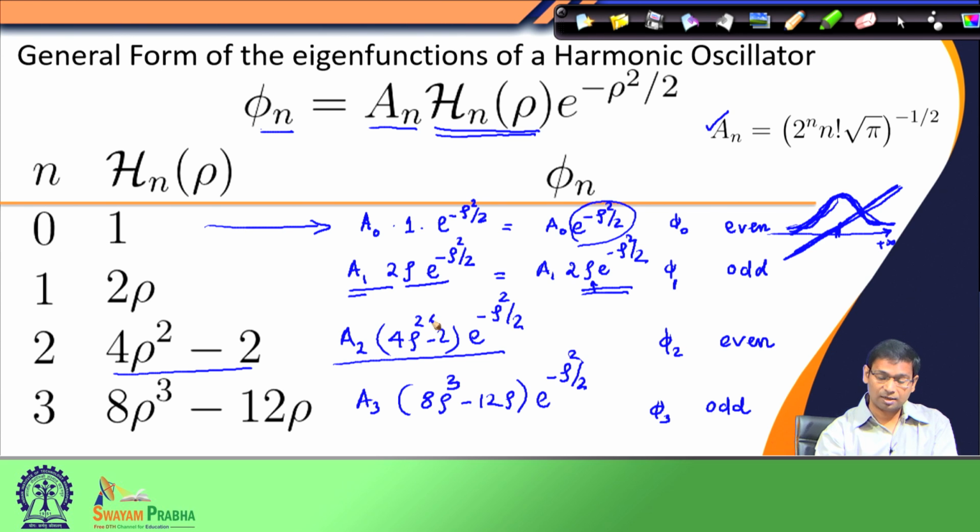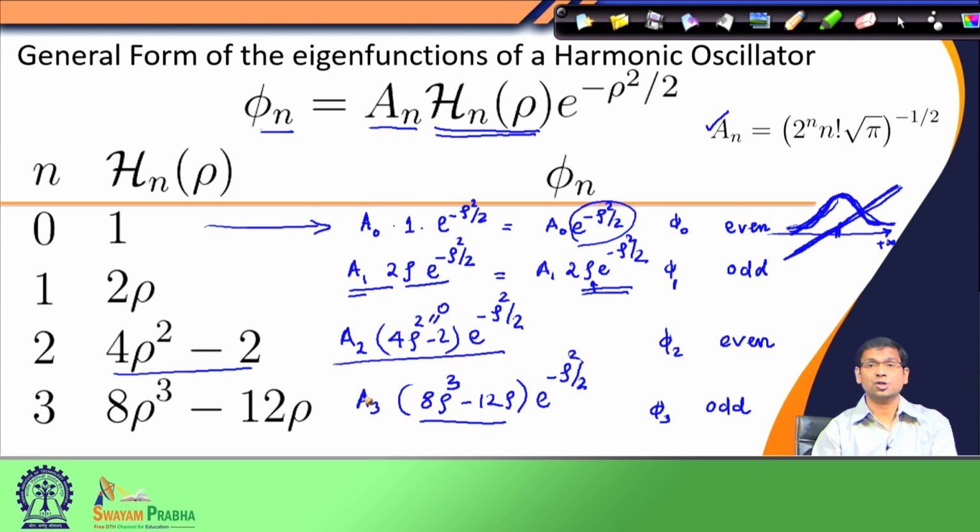If I find out the values of rho where this function becomes 0, then I would know at what values of rho I will have the nodes in these wave functions. Similarly, in this expression also you can find out the values of rho where this polynomial will become 0, and when this polynomial becomes 0, the entire wave function becomes 0, and the wave function will develop a node at that point.